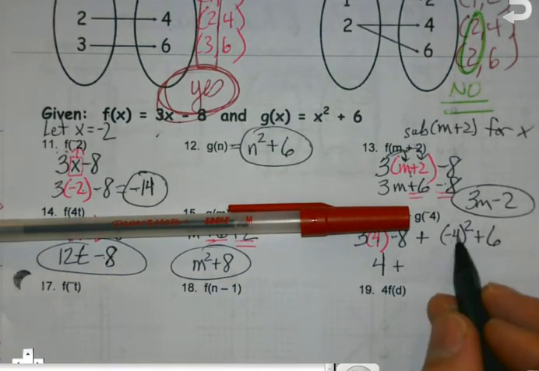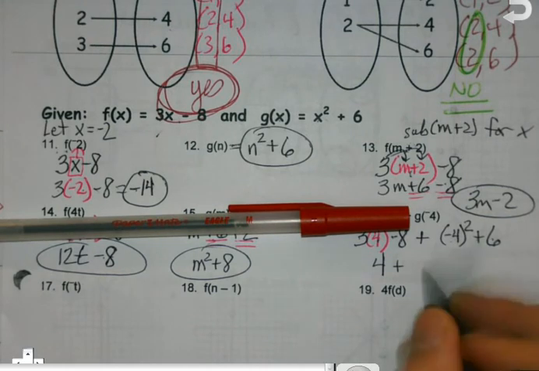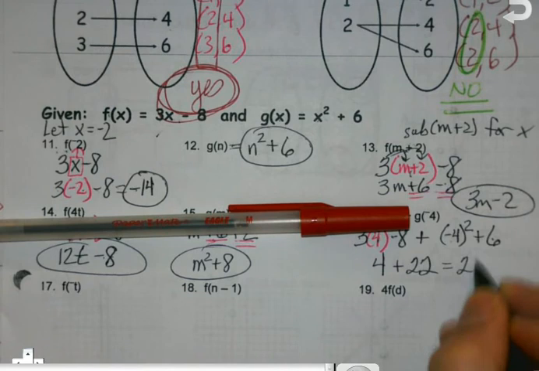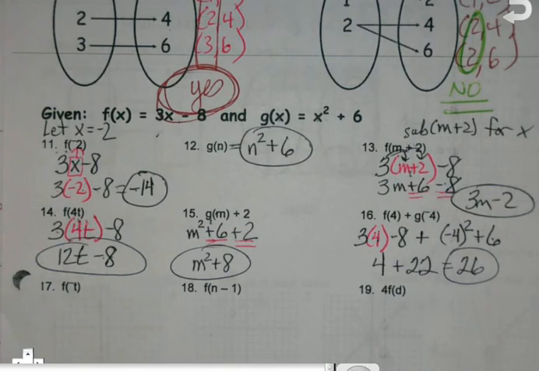Negative 4 squared, in other words, negative 4 times negative 4 is 16, plus 6 is 22. Now, since I have the numbers, I can actually get to an answer. But it's like doing two problems in one, basically. And it just kind of keeps running with that pattern.